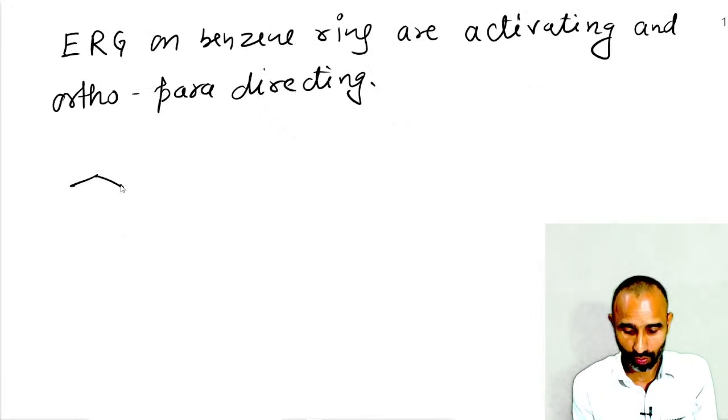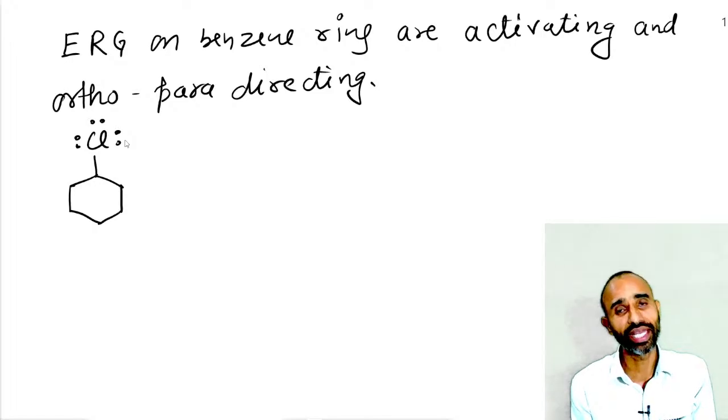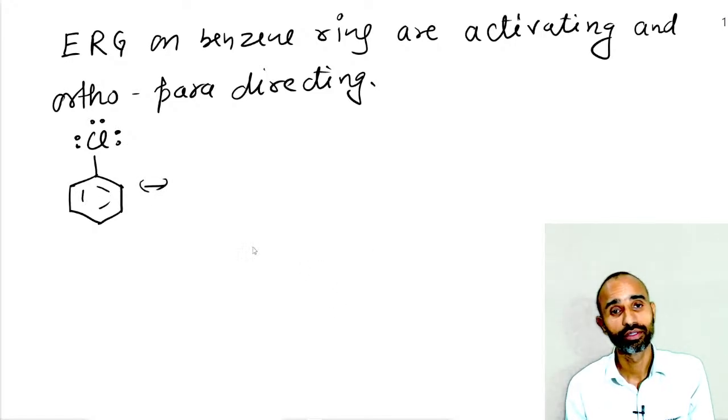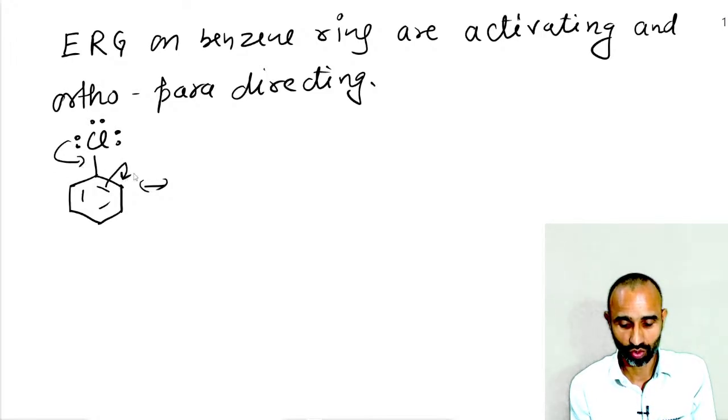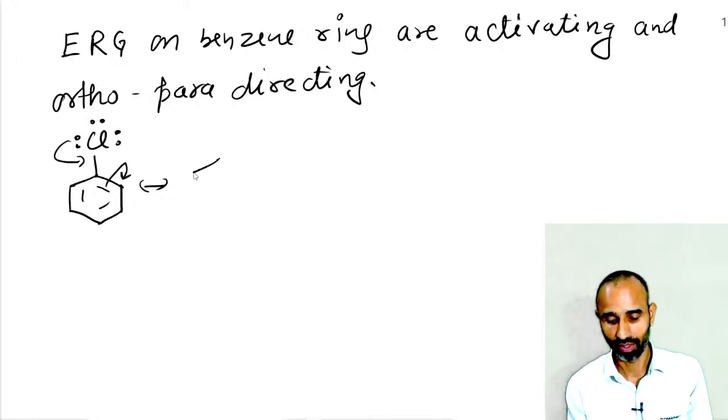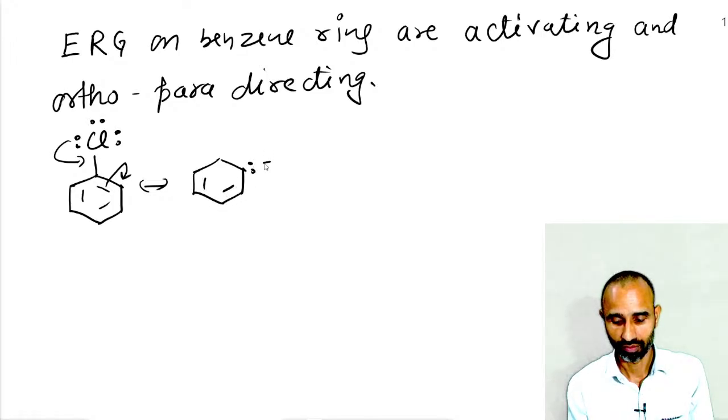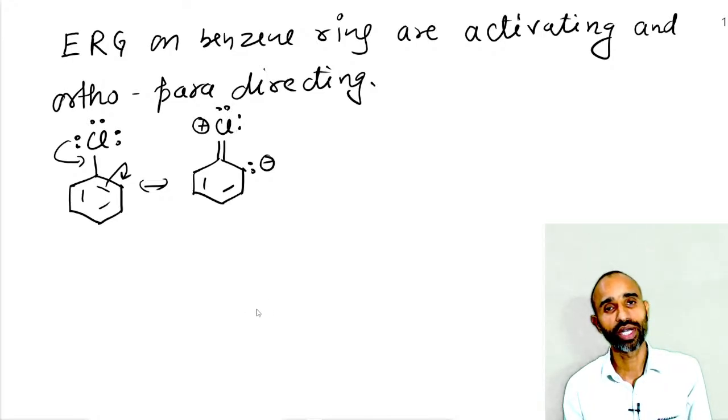Now, the case of chlorine, meaning any halogen. In this case, again there is a lone pair, so again we can draw the resonating structures. So it is again ortho-para directing.